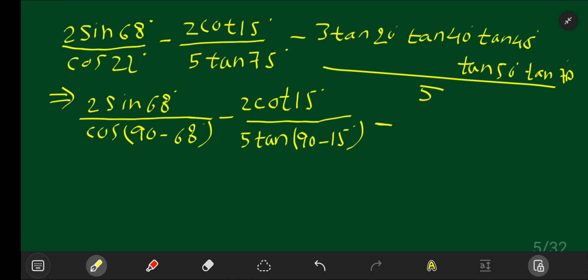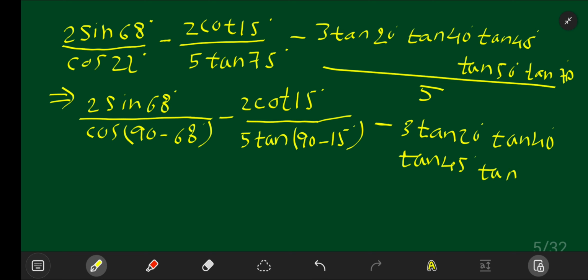Next, minus 3 tan 20 degrees tan 40 degrees tan 45 degrees.